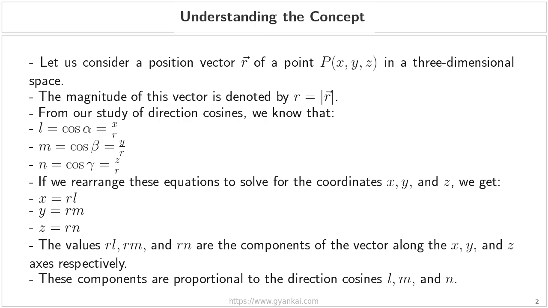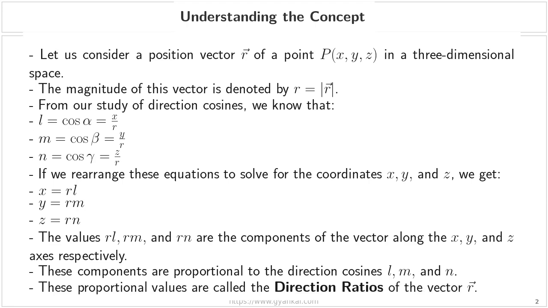Because these components are simply the direction cosines multiplied by a common factor, r, we can say that these components are proportional to the direction cosines l, m, and n. It is precisely these proportional values that we call the direction ratios of our vector r. This leads us directly into our formal definition on the next slide.